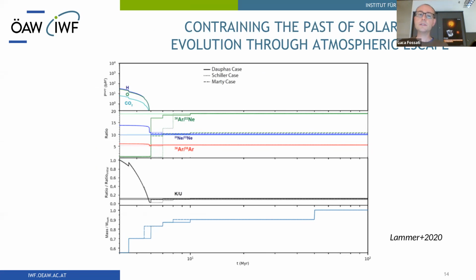I mean, all the planets that we have that have a hydrogen-dominated atmosphere are very, very far away. But we have the Earth. And for the Earth, we know many, many things. And in particular, we know isotopic ratios. And we can use isotopic ratios and assume that the isotopic composition that we see in the Earth atmosphere, but also in Venus atmosphere, are due to atmospheric escape that happened in the early stages.